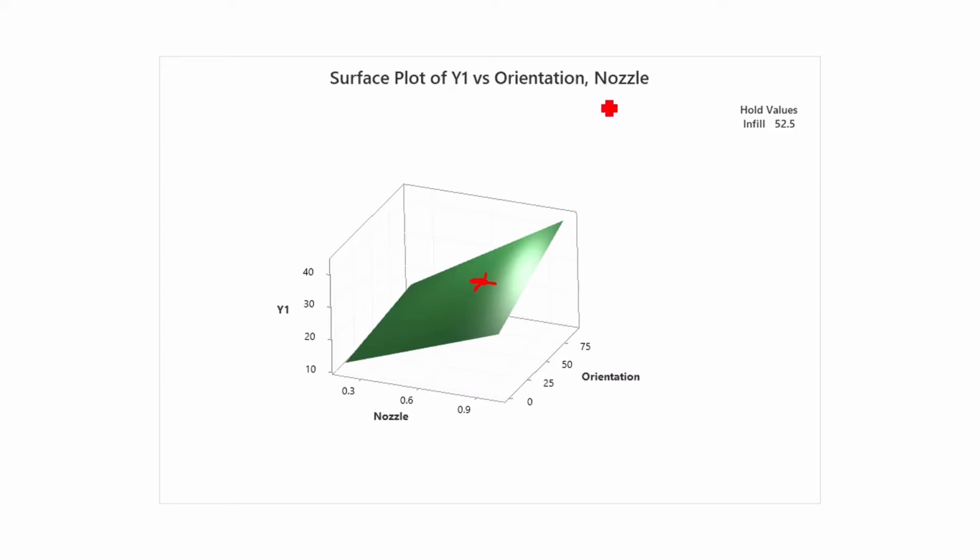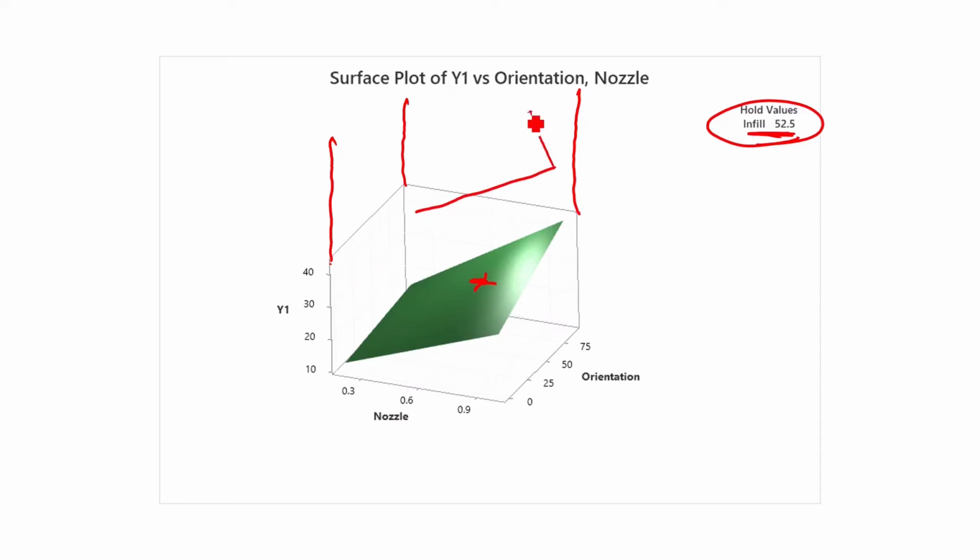Now I mentioned earlier that we'd fixed the infill to 52.5, and I said, well, we might change that later. Now you'll notice this is almost like sitting in a lift shaft. Think of it like a lift shaft. If I changed that 52.5, what would I have done? Well, there's a good chance that this plane would move up the lift shaft.